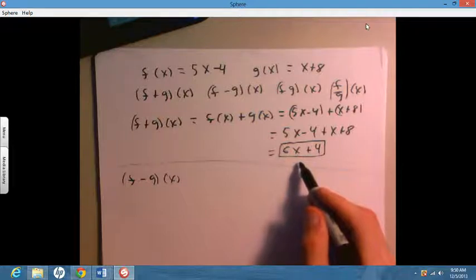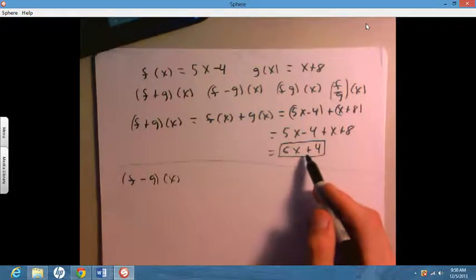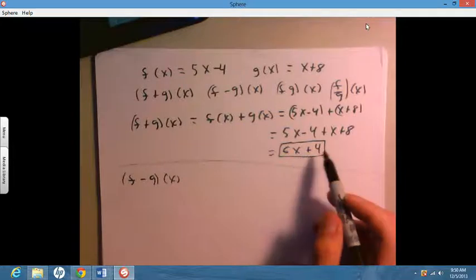Well, multiplication and addition, 6 times x plus 4, is good for all real numbers all the time. It's a polynomial, so this is defined on all real numbers. In fact, we're only going to have problems with the domain, values where it's not defined, when we do this last one for division.